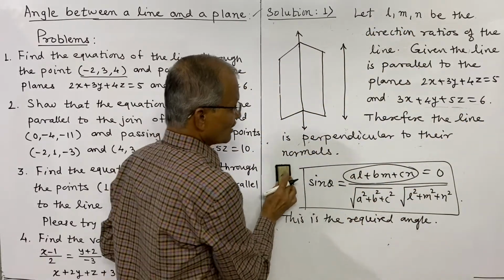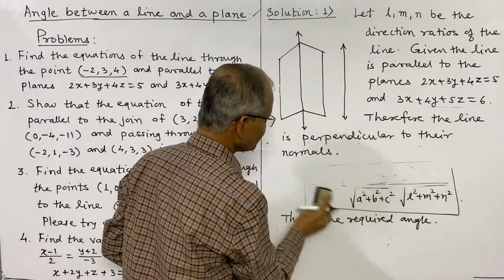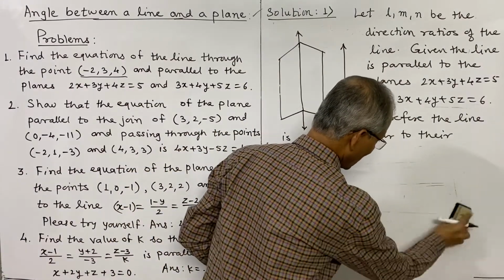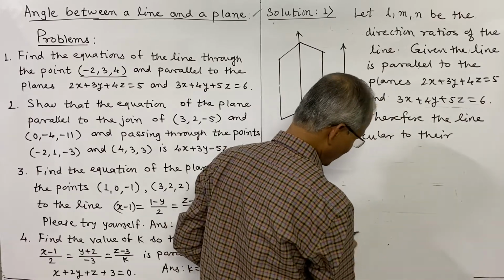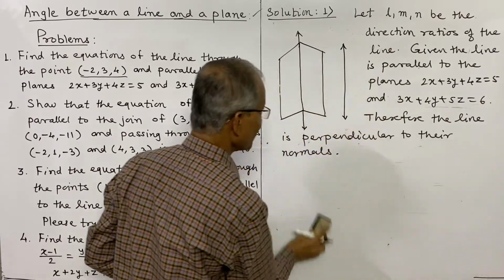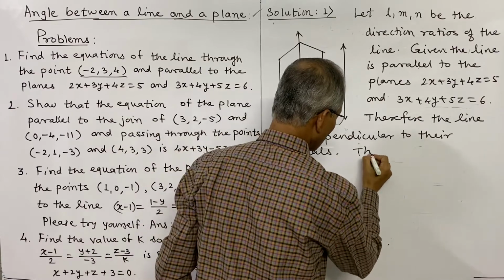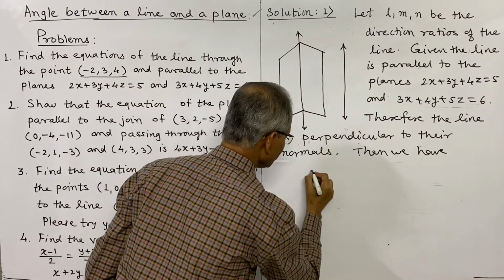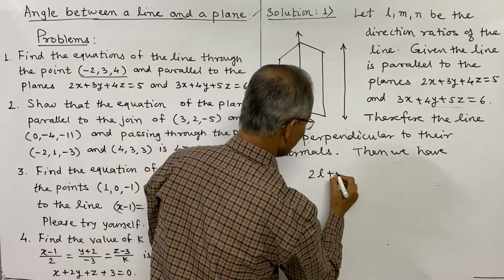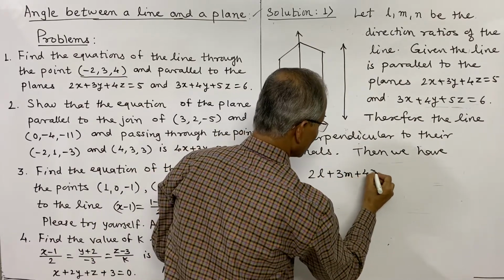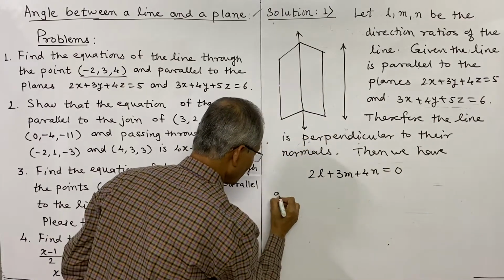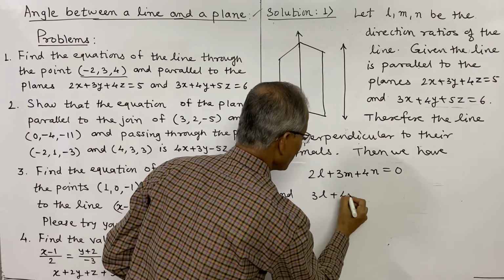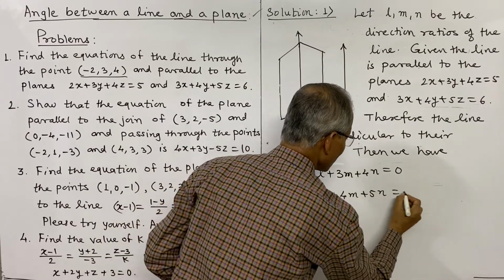By the condition that the line is parallel to the plane, we have 2l plus 3m plus 4n is equal to 0, and the second one is 3l plus 4m plus 5n is equal to 0.